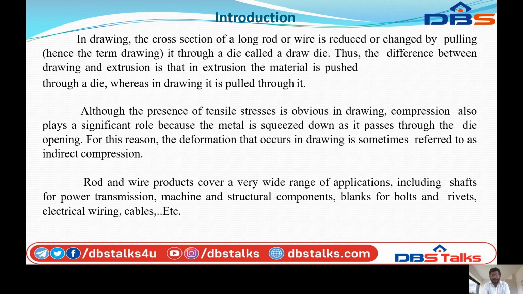So what are the products in rod and wire? The wide range of applications includes power transmission systems, machinery and structural components, blanks for bolts and rivets, electrical wiring, cables, etc. So these are the products of wire drawing.